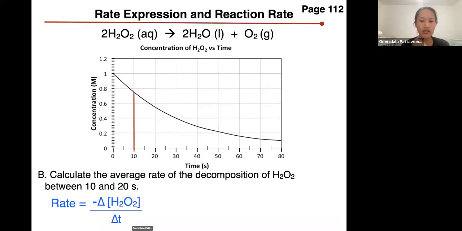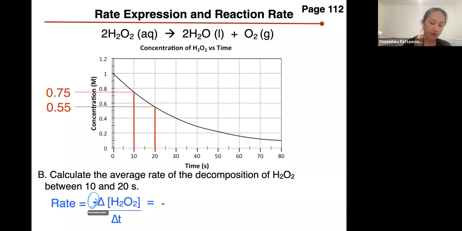In this case, the change of concentration is going to be, at 10 seconds, the concentration of hydrogen peroxide is 0.75. If you're looking at 20 seconds, the concentration of hydrogen peroxide is 0.55. Therefore, you are going to use final minus initial, and don't forget the negative sign before it too.